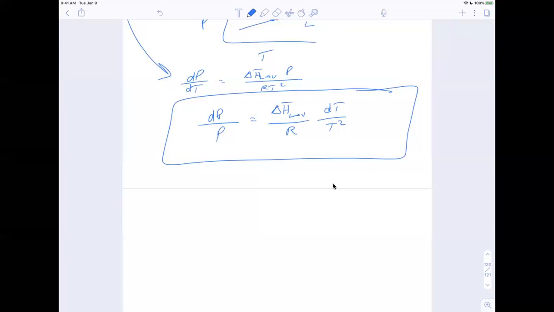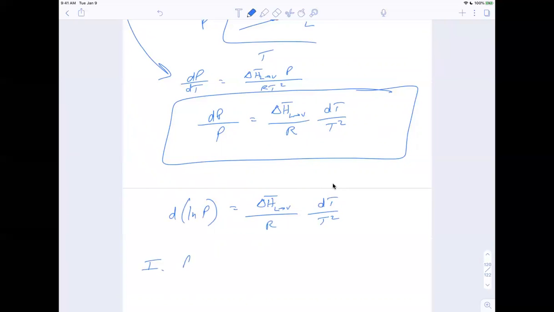Now we can do a little bit more massaging of this expression. dP over P we know is just d natural log P, which is equal to delta H bar liquid vapor over R dT over T squared. Okay. Now let's take a few cases.